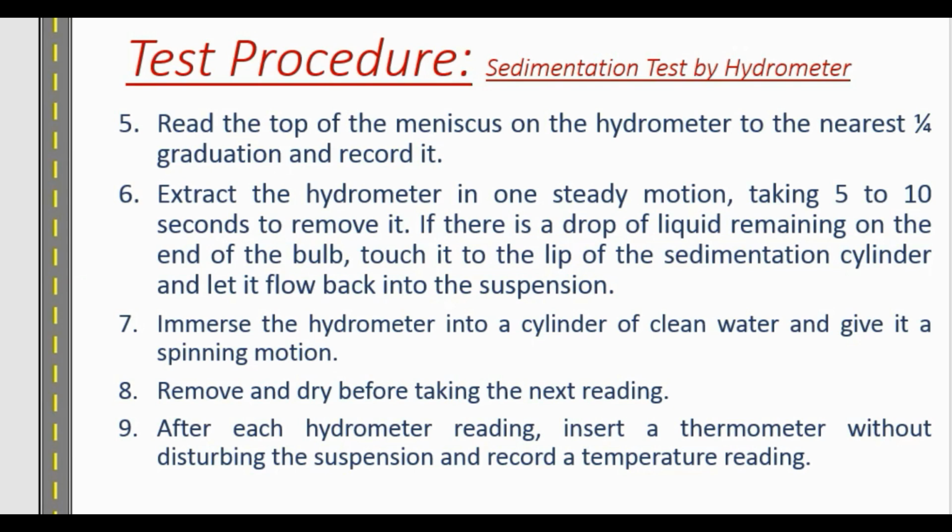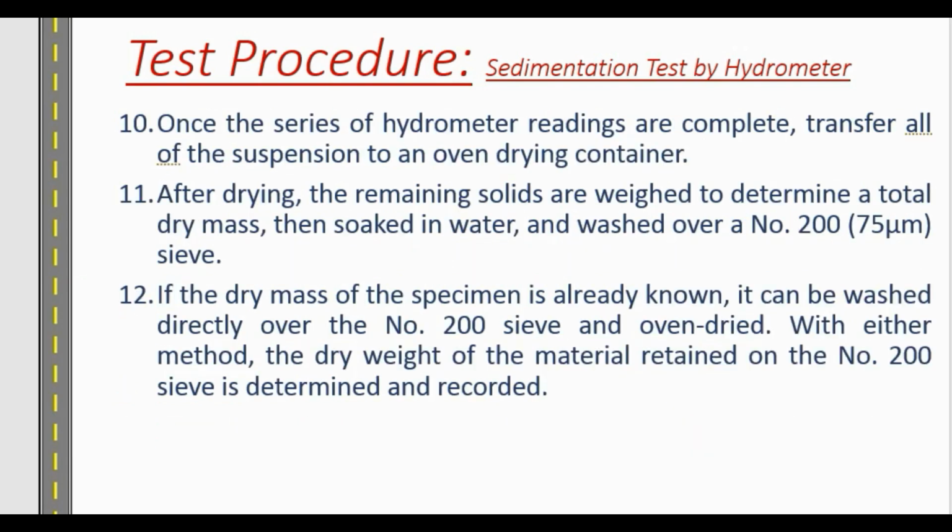After each hydrometer reading, insert the hydrometer without disturbing the suspension and record the temperature reading. Once the hydrometer reading has been taken, transfer all the soil in suspension into an oven drying container. Before drying, we can perform the wash sieve to note the weight of material retained on number 200.